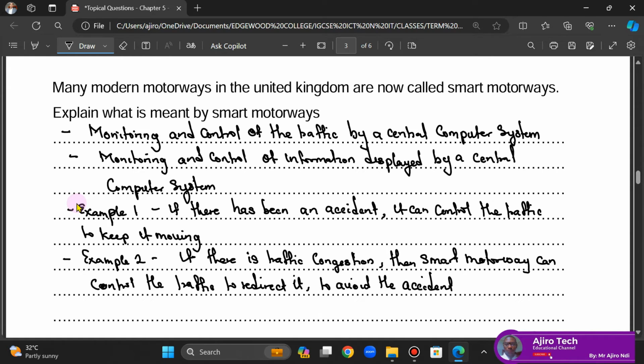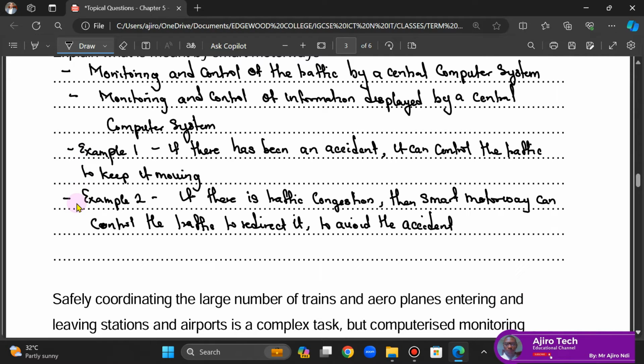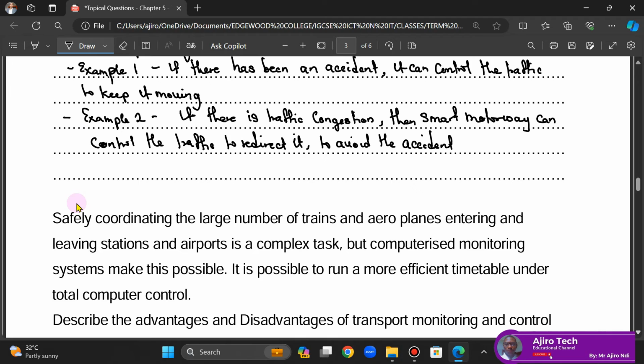So this is very, very important. This is how you put up your answers for IGCSE. Okay, so let's get the next one.